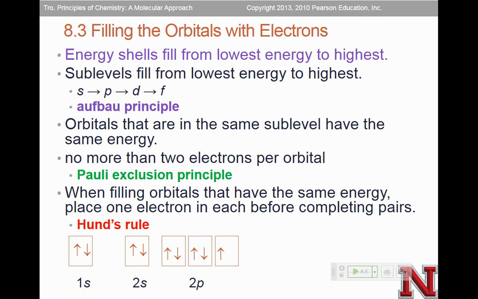In this case, we were showing 9 electrons, and this is the correct way to fill it. If you don't follow Hund's rule, you won't get the same pattern. So you need to make sure that you're following Hund's rule when you are filling. Sometimes it won't make a difference, but oftentimes it will. So we need to make sure that we're following it.